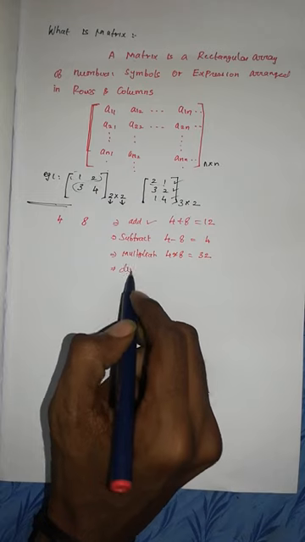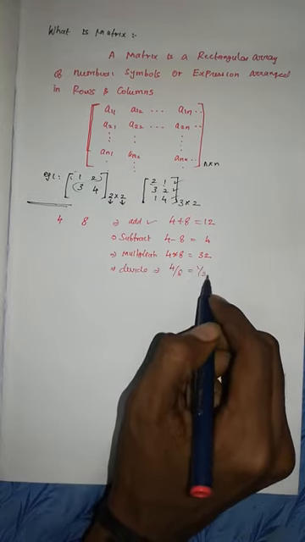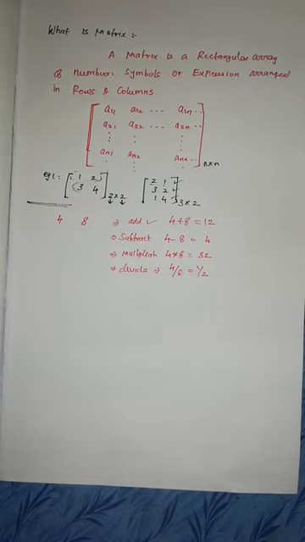I can also divide these numbers, which is 4 by 8, which is 1 by 2. So if I have two numbers, I can perform these four algebraic operations: addition, subtraction, multiplication and division.